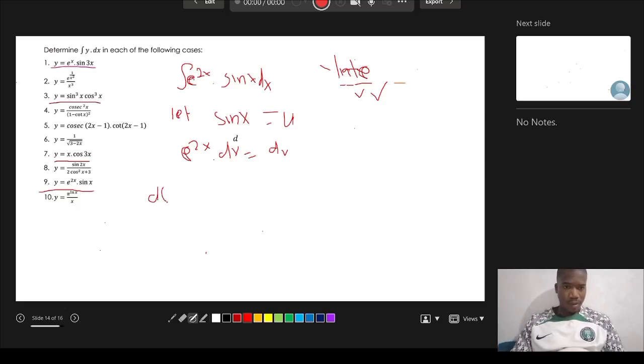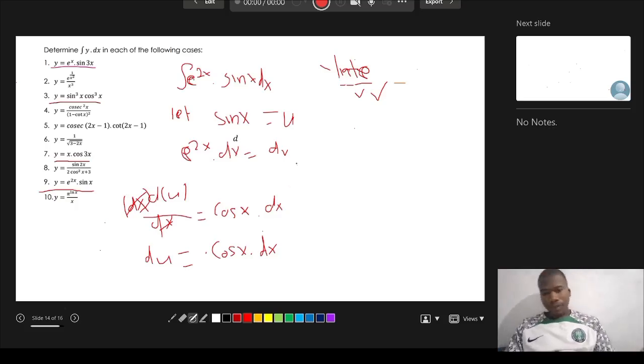Then you say du over dx is equal to cos x, right? Then you say du is equal to cos x multiplied by dx. So how did we come about that? We cross multiplied both sides by dx, right?